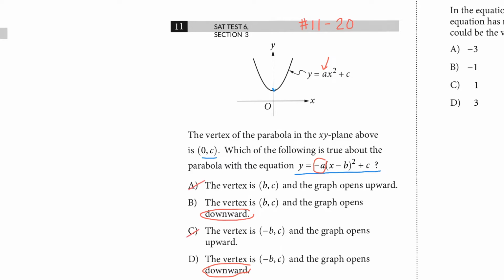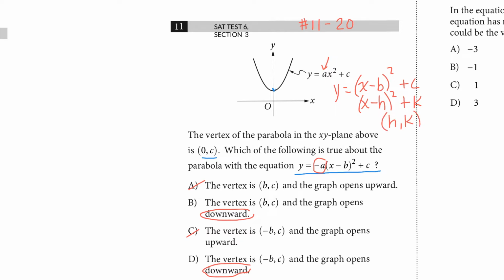Now, this (x minus b) squared plus c is already in vertex form. If you remember, vertex form is (x minus h) squared plus k, so the vertex is (h, k).